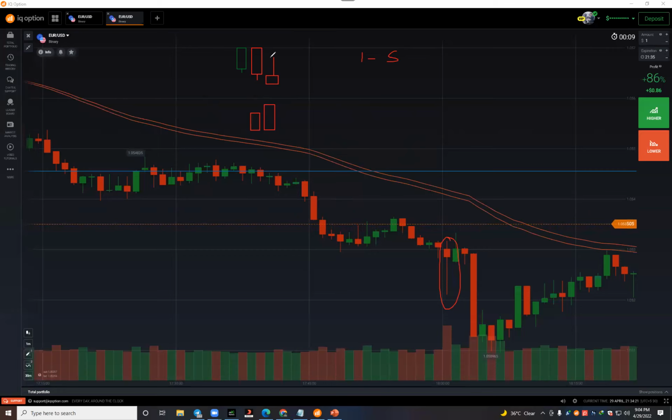When buyers enter, sellers control this market and price pushes down. When buyers and sellers fight each other, definitely there will be volume. Then in the end, sellers control this volume, so who failed? Buyers.